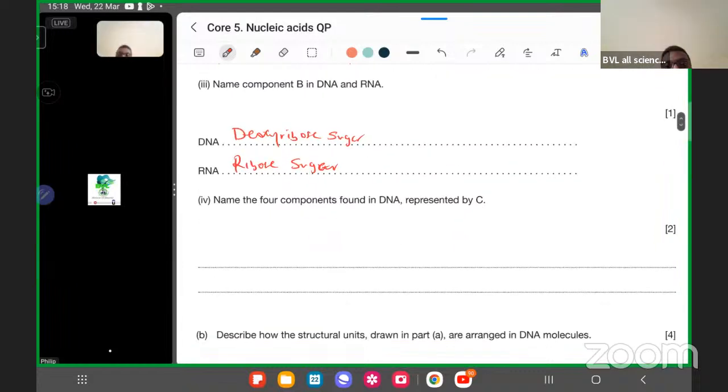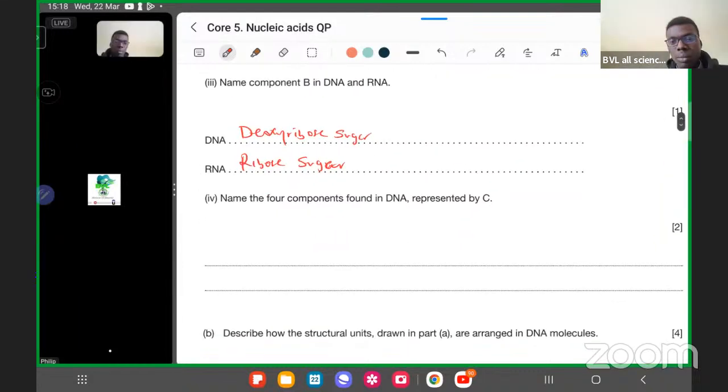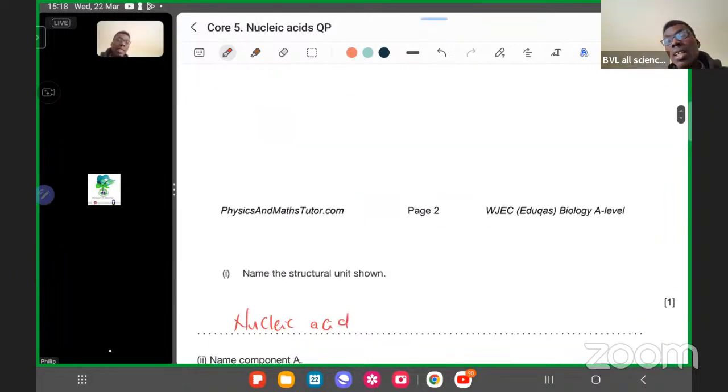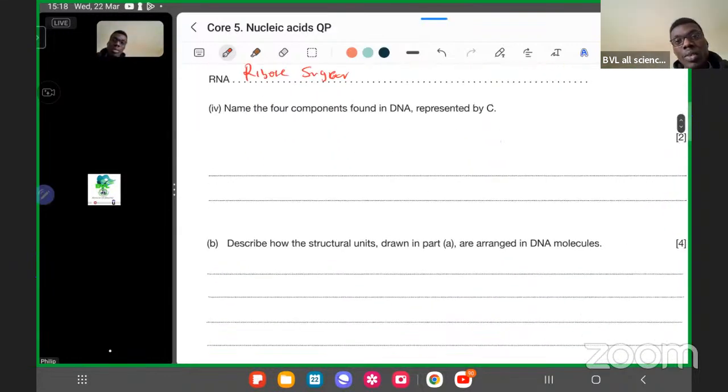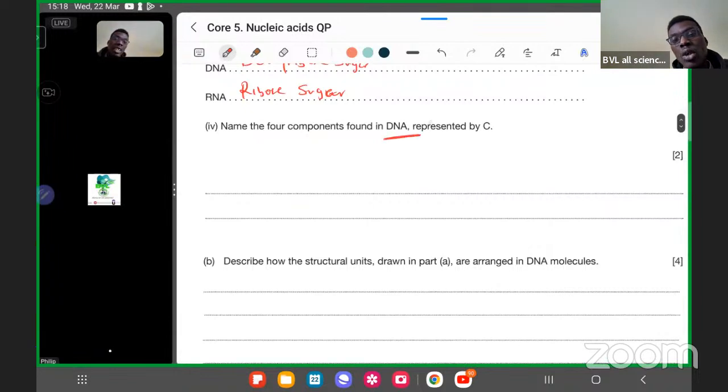It says, name the 4 components found in DNA represented by C. Just what we've already done. Since it says DNA, you don't need to mention uracil.